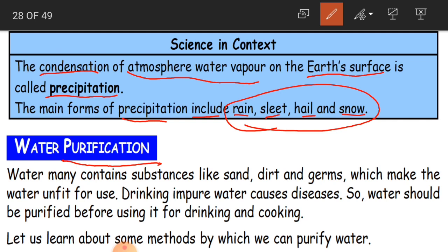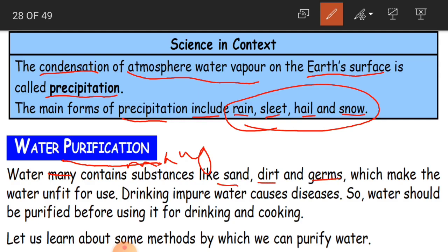Water contains many substances like sand, dirt and germs which make the water unfit for use. Many substances like what? Sand, dirt, germs.